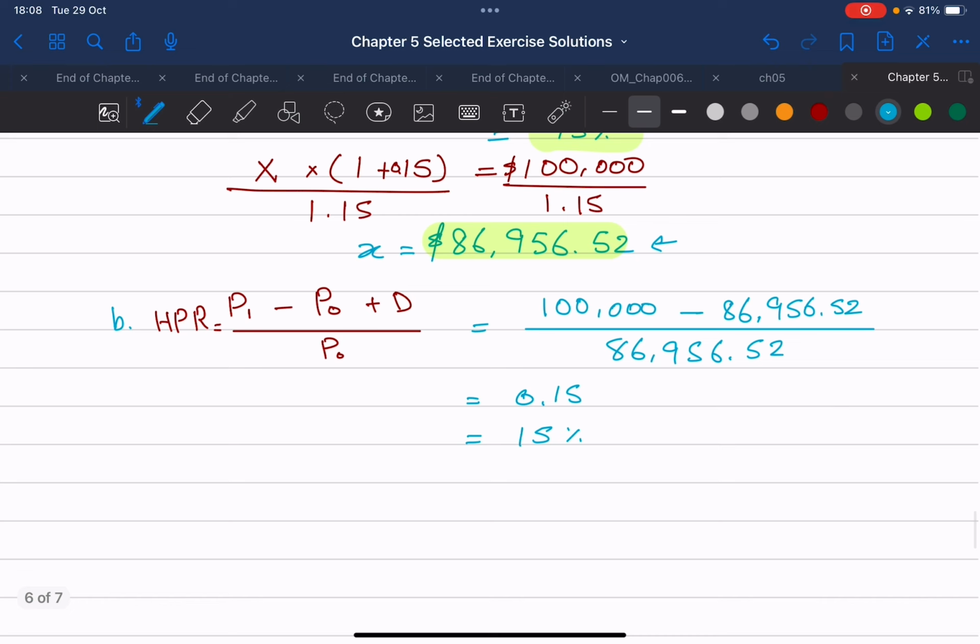Okay? So again, C, our required rate of return is going to equal the risk-free rate, which is 5%, plus our risk premium, which is now 15%. So the required rate of return is going to become 20%.